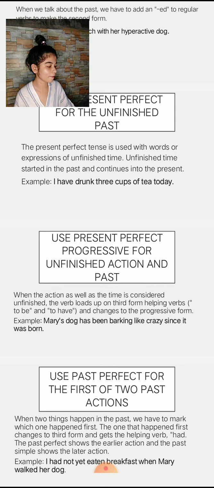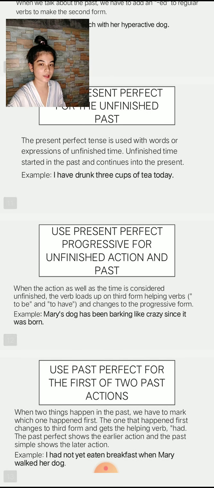So, example, Mary's dog has been barking like crazy since it was born. So, kaning isa is nahuman na siya, pero gina-continue gyapon siya og buhat everyday. While kani siyang isa, unfinished action and past, atong gigamit diri nga word is to be and to have sa explanation sa statement.